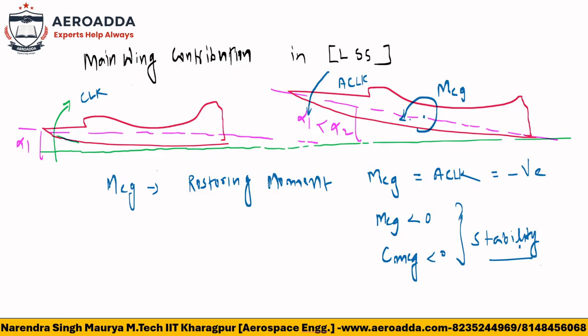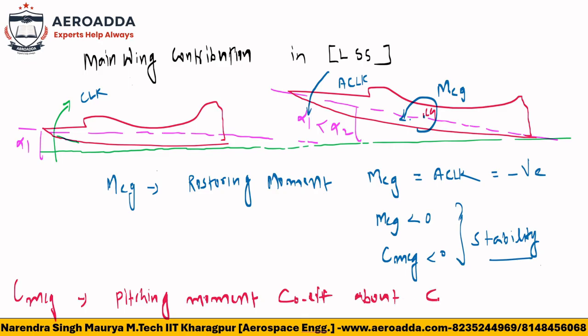So for CMCG, the pitching moment, I should write what it is. Every time I will be writing only CMCG here. This is nothing but the pitching moment, about the CG. This is the pitching moment coefficient about CG.